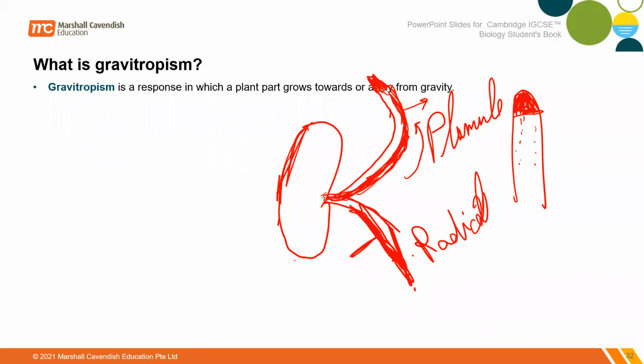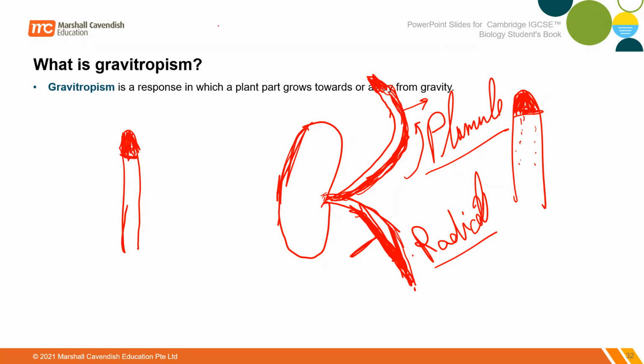Okay, reduce the growth rate on this part or on this side of the radicle. So a plant has an ability now to move downward or upward by auxins دي. ده example of الجرافيتروبيزم.